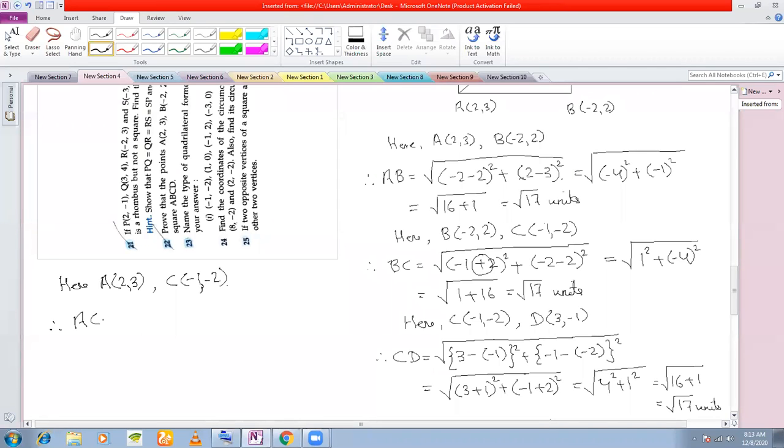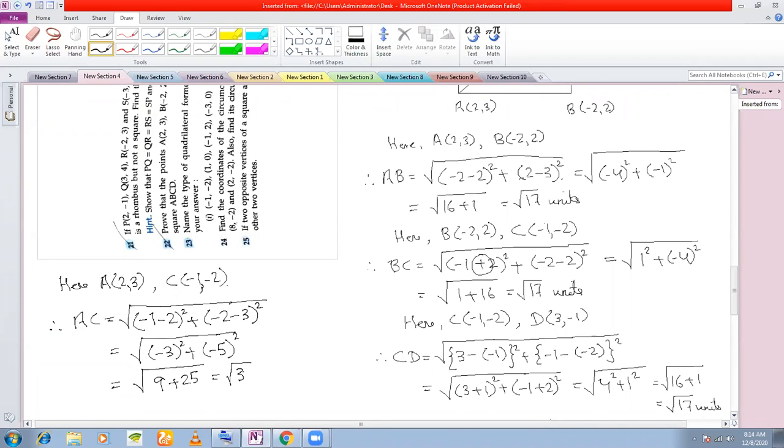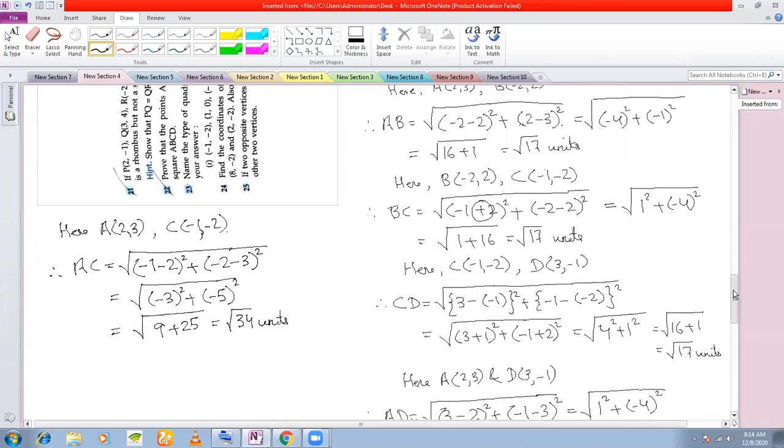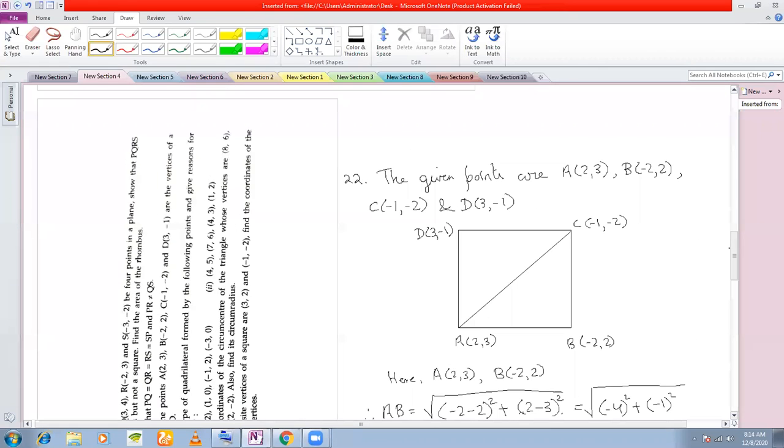So therefore distance AC is root over of (-1 - 2) square plus (-2 - 3) square, which is root over of (-3) square plus (-5) square, which is square root of 9 plus 25, which is square root 34 units. Now this is a pure surd, you cannot do anything with this, keep it at square root 34. So diagonal AC is root 34.